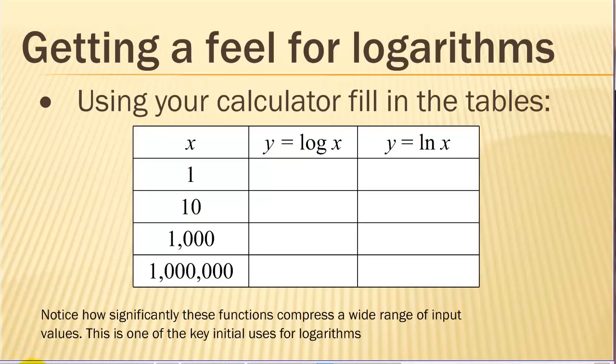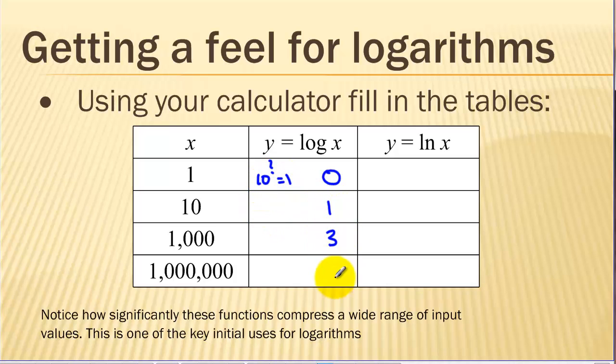Now, one of the applications of logarithms is to compress data. So let's evaluate this column here. The log base 10 of 1, that's asking 10 to what power equals 1, so that's going to be 0. 10 to what power equals 10 would be 1.